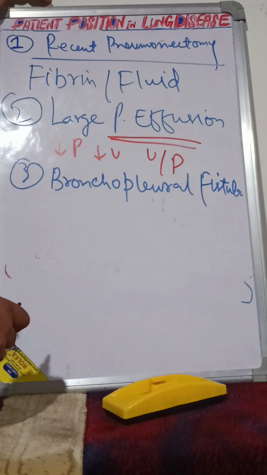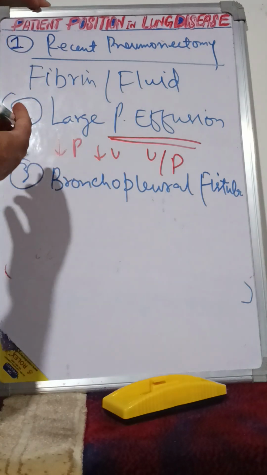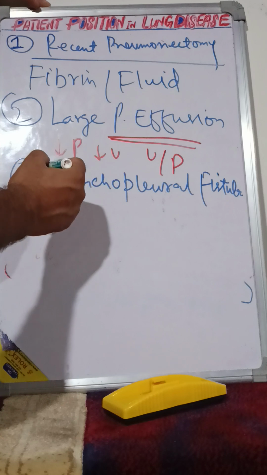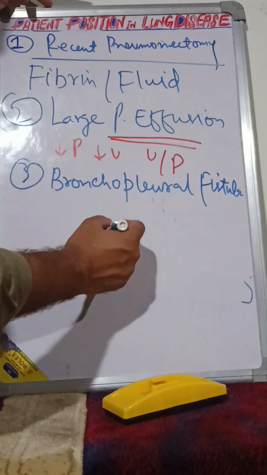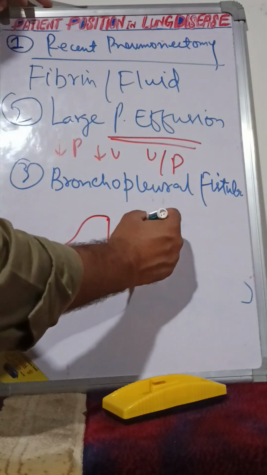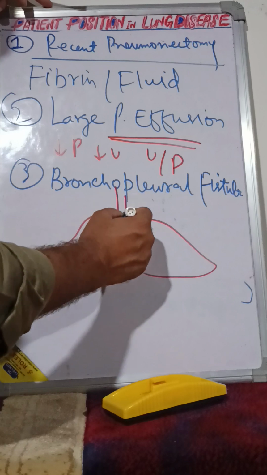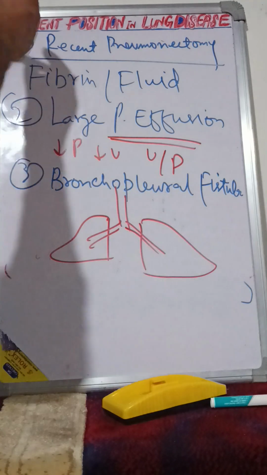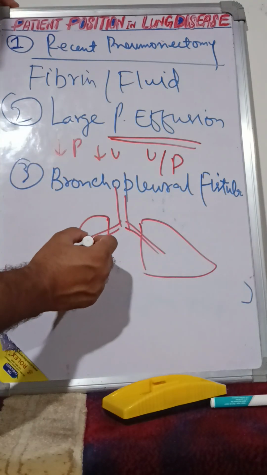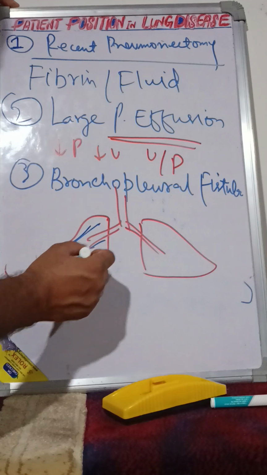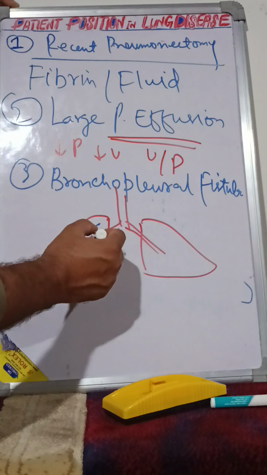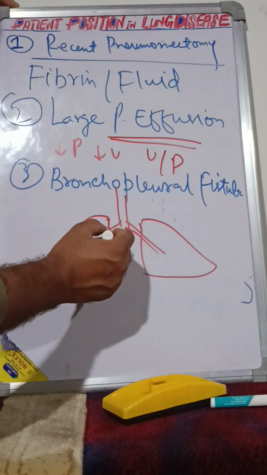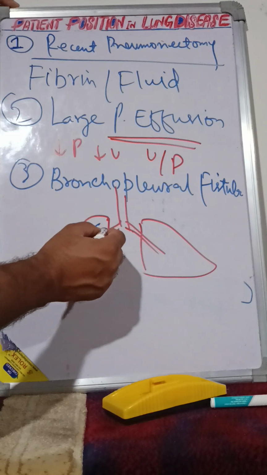Why? It is because in this case the unwanted substances will drain into the unaffected side. For example, if these are the lungs, this is the trachea, and these are the primary bronchi, and this is the affected side lung, which has a bronchopleural fistula, here is the bronchopleural fistula.